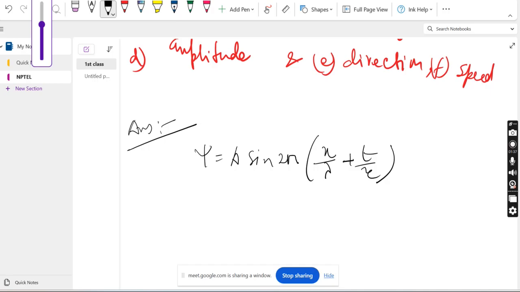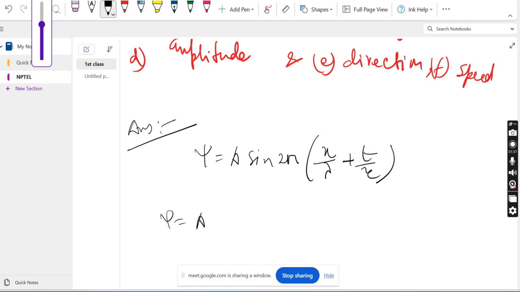If we look at this equation, it is basically the same form, and it is a function of x minus vt.